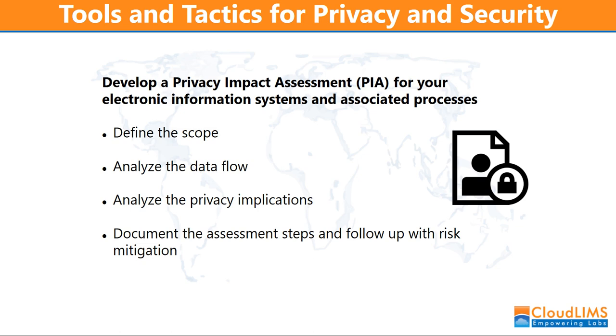They analyze the flow of data from one point to the endpoint, and they analyze the privacy implications of your activity and proposed system. And they document the assessment steps to follow up with risk mitigation. PIAs are very commonplace in data systems and shouldn't be ignored.